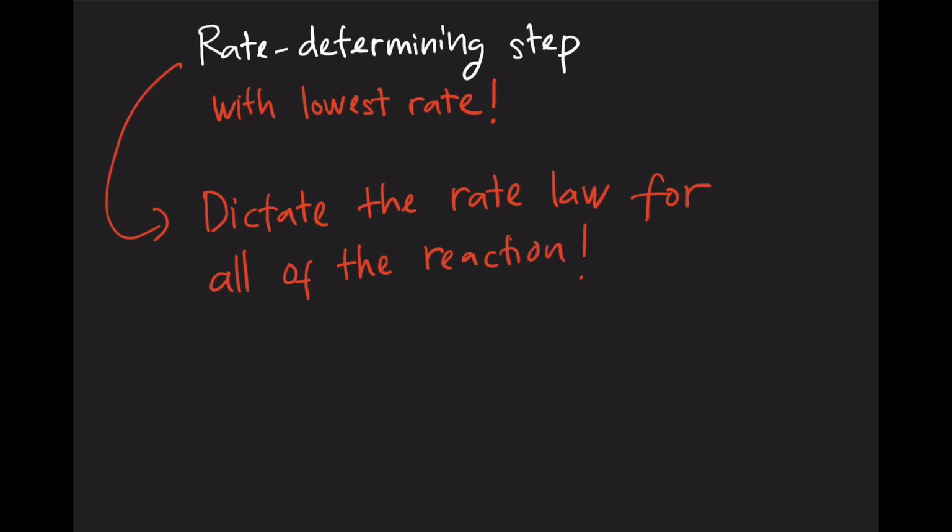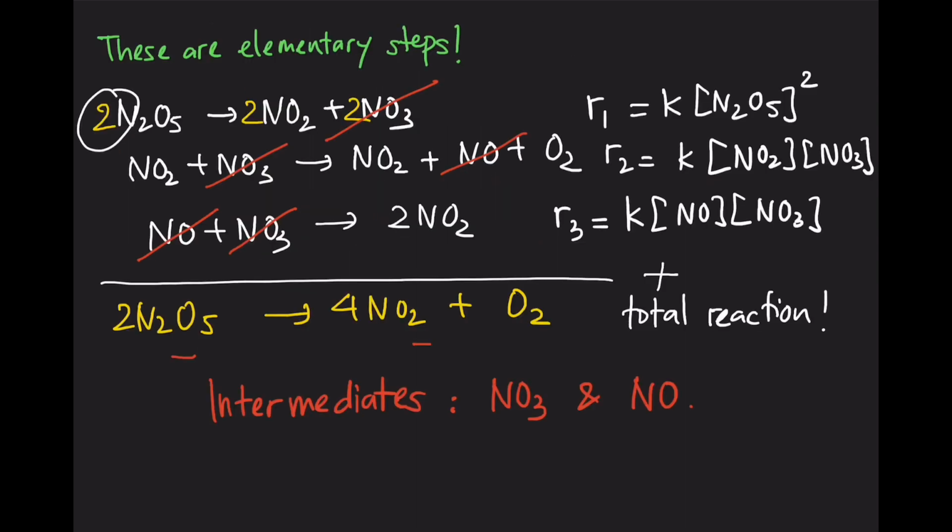So in this case, let's come back again to our example. If we say that the first reaction is the rate determining step, or RDS, then the R of the reaction itself, that I will write as R like that, is going to be equal to R1.